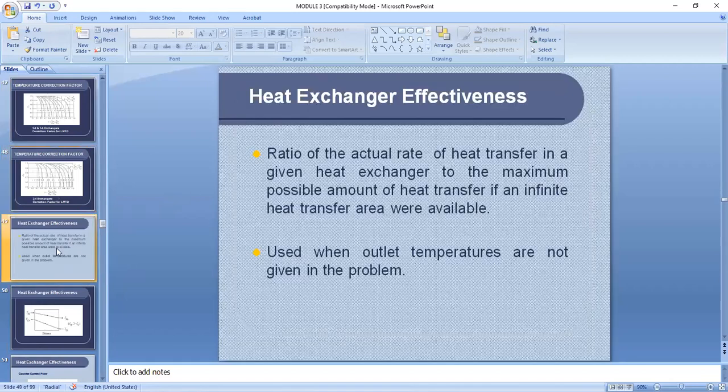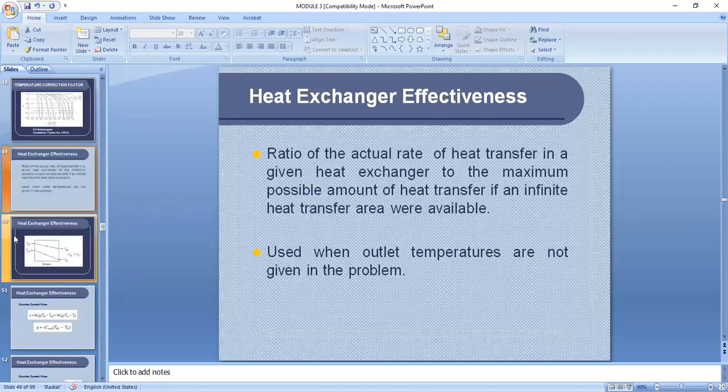Okay? Now we go to the alternative, which is the heat exchanger effectiveness. You use this when temperatures are not complete. Oftentimes, the outer temperatures are not known, or not given in the problem. But let's define what this heat exchanger effectiveness is.